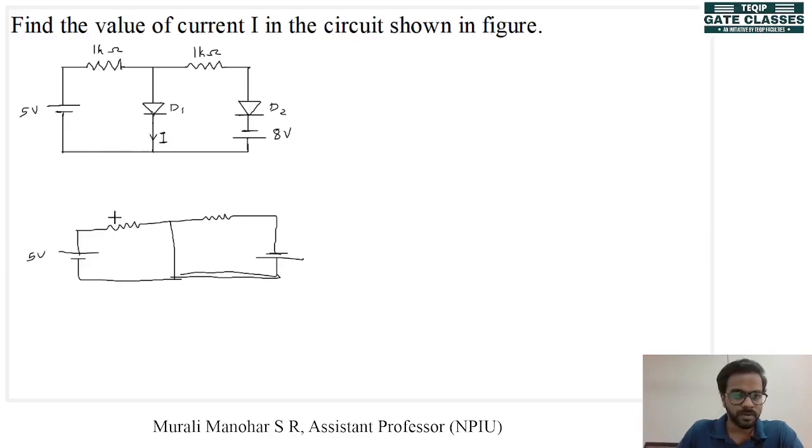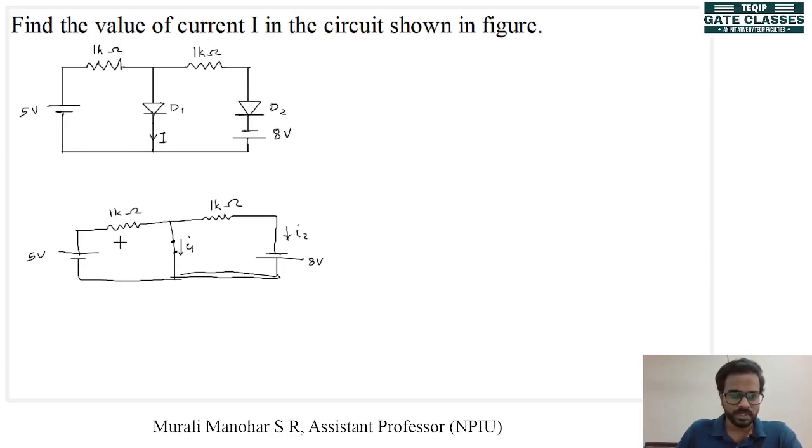This is 5 volt, 1 kilo ohm, and this diode D1's current direction must be this direction. This is again 1 kilo ohm. Diode D2's current direction must be in this direction, calling it I1, and this is I2. Okay, and this is 8 volts.